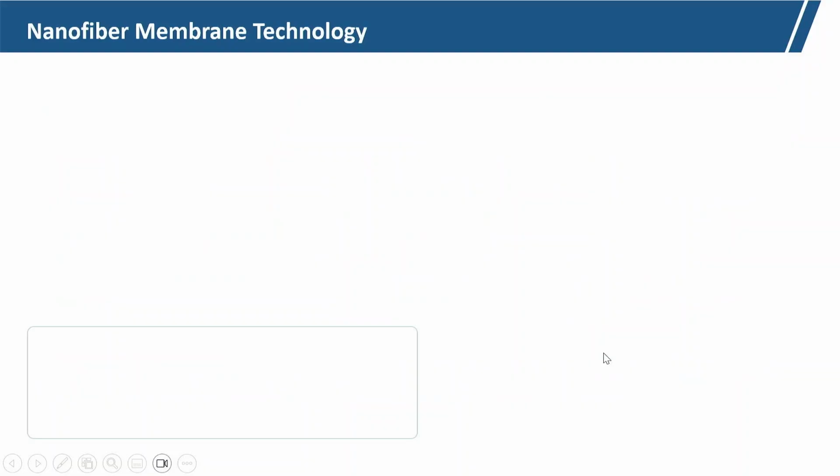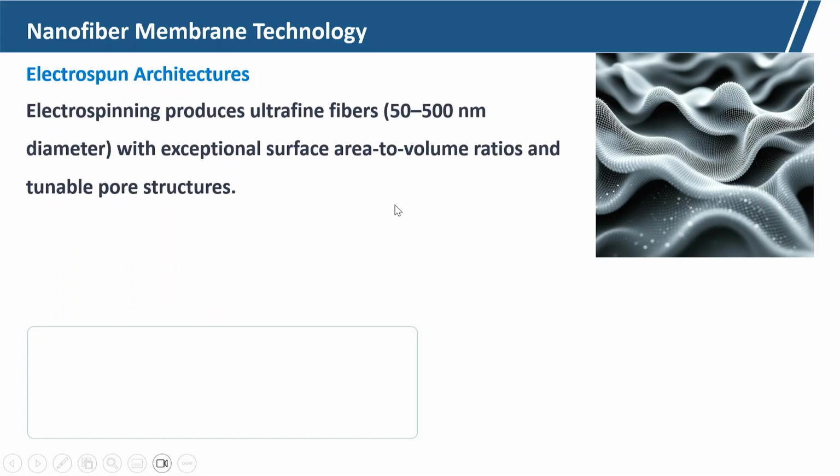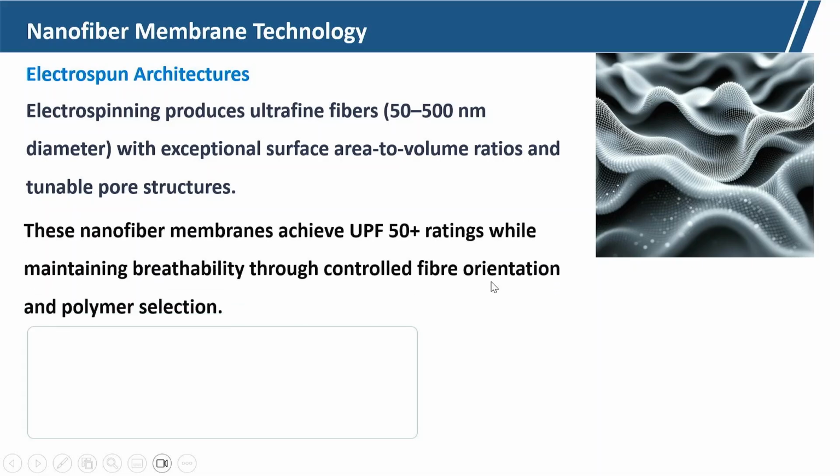Nanofiber membrane technologies are also used for UV protection. Electrospun architectures are used. Electrospinning produces ultra fine fibers, which give an exceptional surface area to volume ratio, and you can control the pore size, and with that we can block the UV rays.